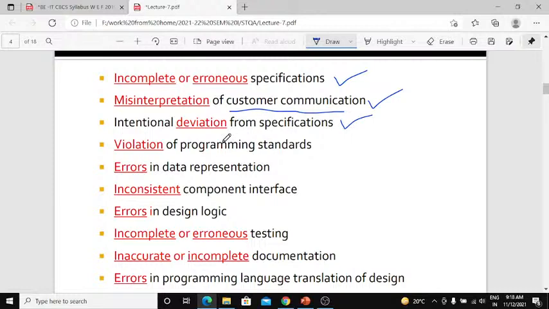Other causes are intentional deviation from the specification of the software, and violation of programming standards, meaning not following the programming standards for implementation.